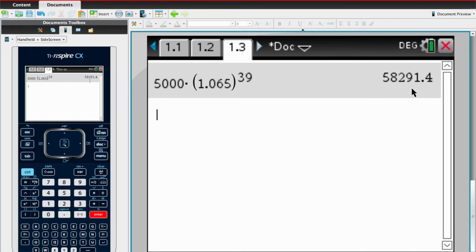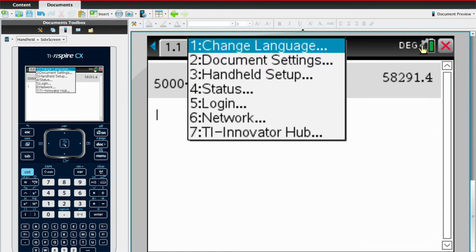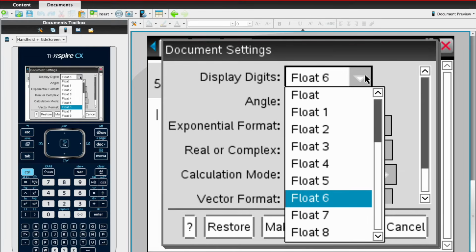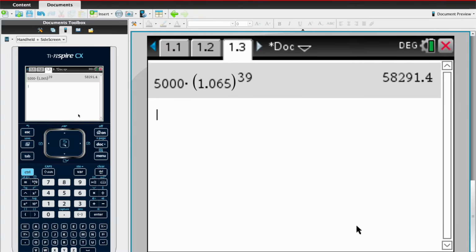I think we're going to need a few more digits potentially. So I'm going to increase the float to 8. And I'm going to work this out. All right, so $58,291.43. So let's go back to the document and work this out.